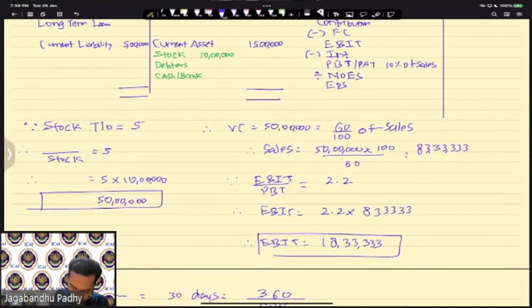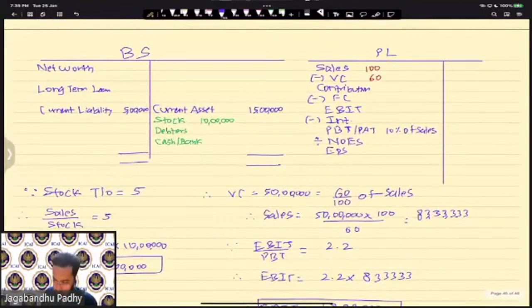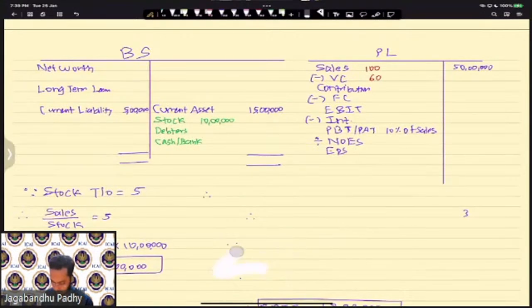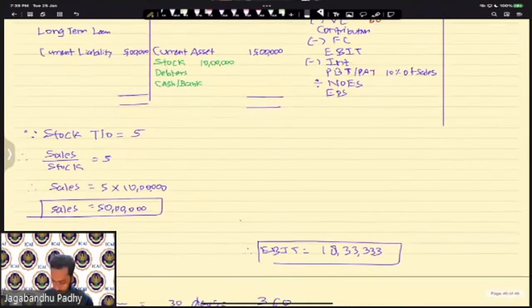So it should be like sales to stock is 5. So definitely sir, sales figure is basically 50 lakh. Okay, so we have got the sales figure to be 50 lakh, and in fact all these numbers are also not much relevant.